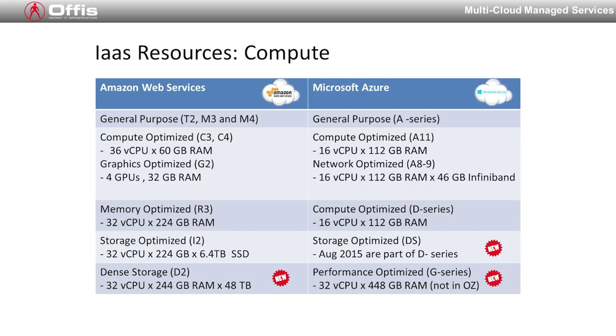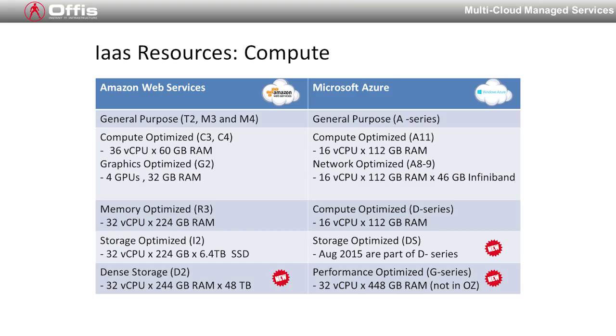You have your C class, and that is more for compute, 36 CPU, 60 gigs, and what's the workload for that? High-end web servers, your application data analysis that you need to run on that.